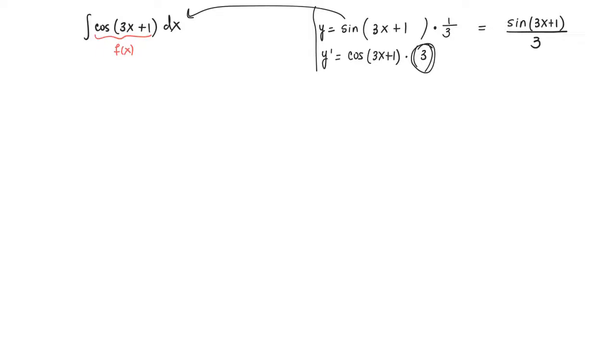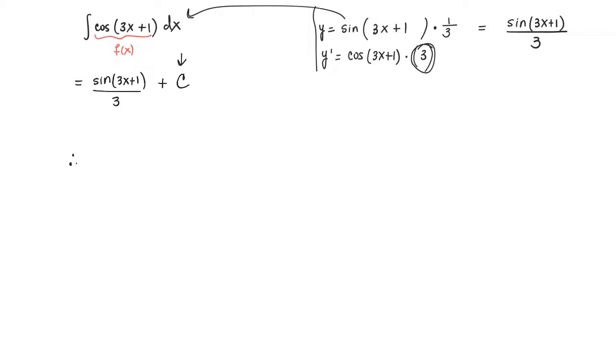Now, if I differentiate this expression, I'm going to get exactly the little f of x that was given to me as my integral. So to complete the question, I will say that this integral is equal to sine of 3x plus 1 divided by 3 plus c, because the integral means the general antiderivative. So I have to add c in there.